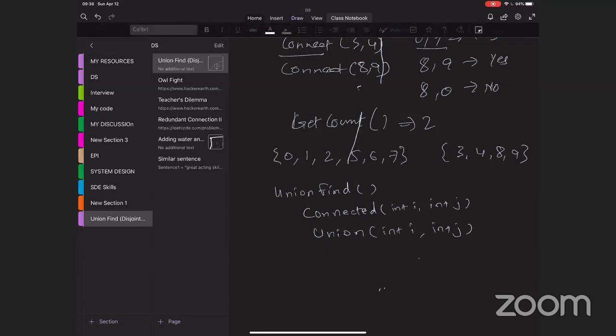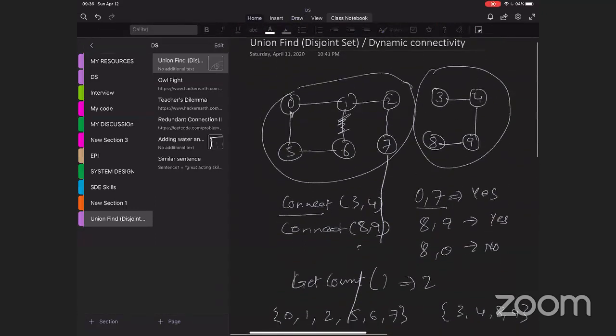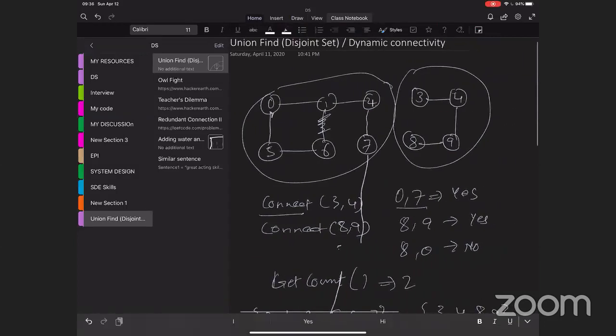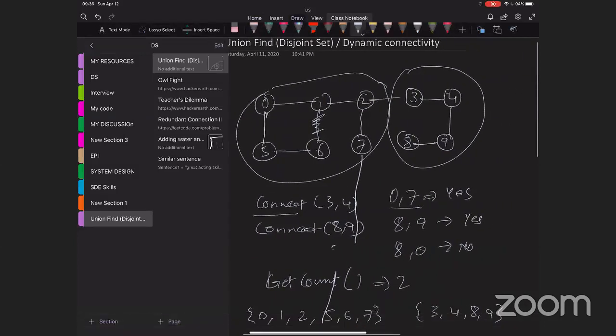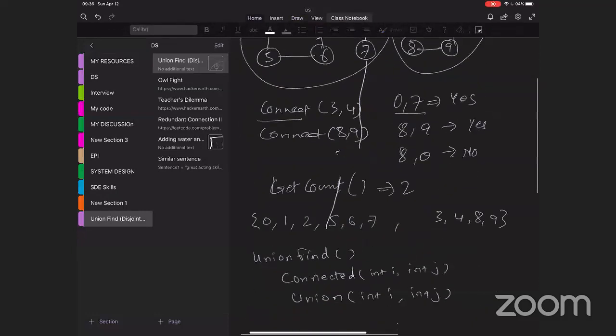So in the above example, if I say connect 2 and 3, then both sets become one set. This becomes our whole data structure, basically one set of all the elements.